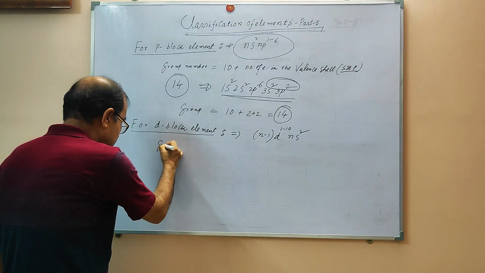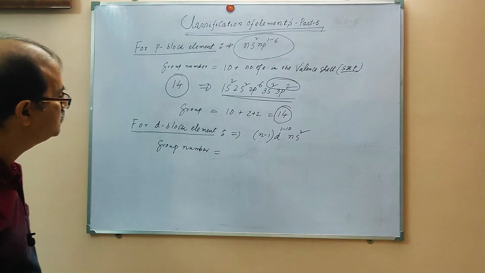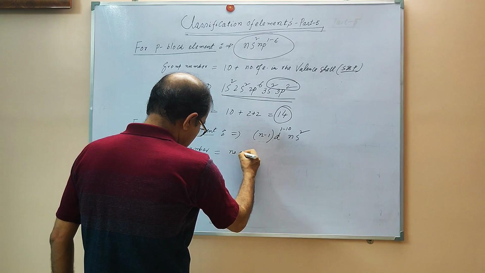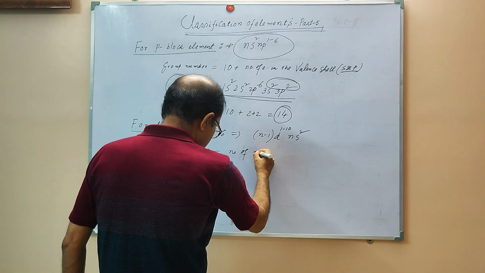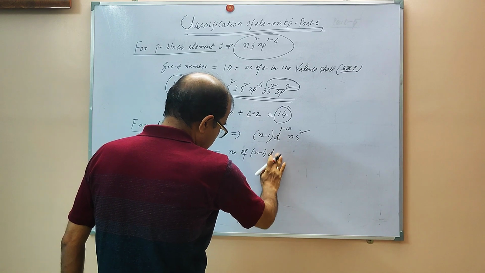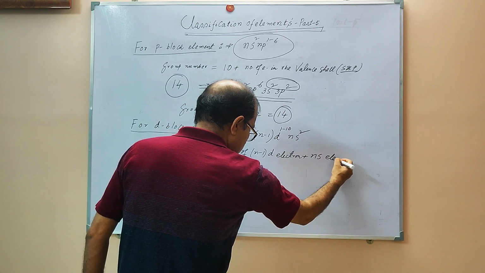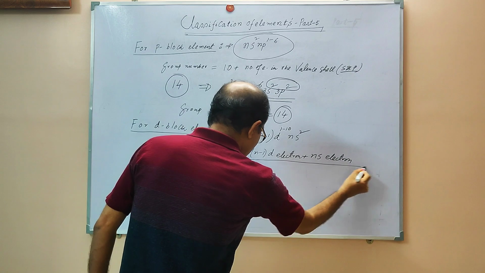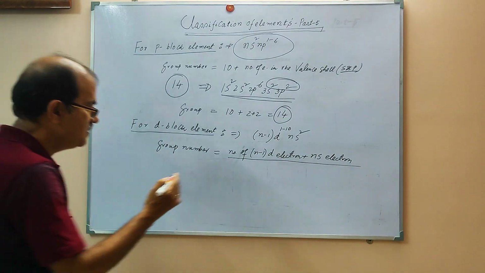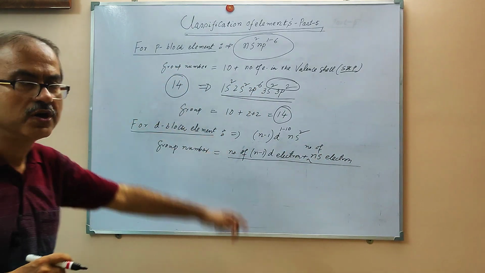For this, the group number is given by the number of (n-1)d electrons plus the number of ns electrons. That will give the group number of the d block element.